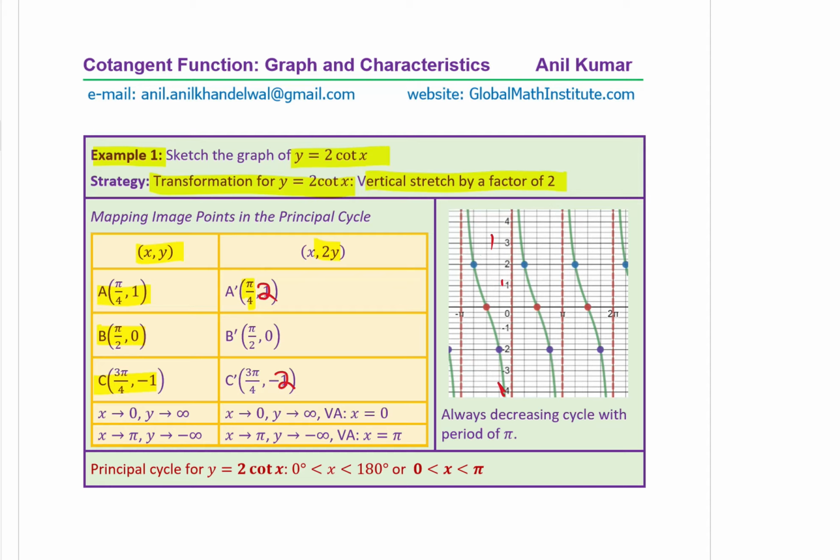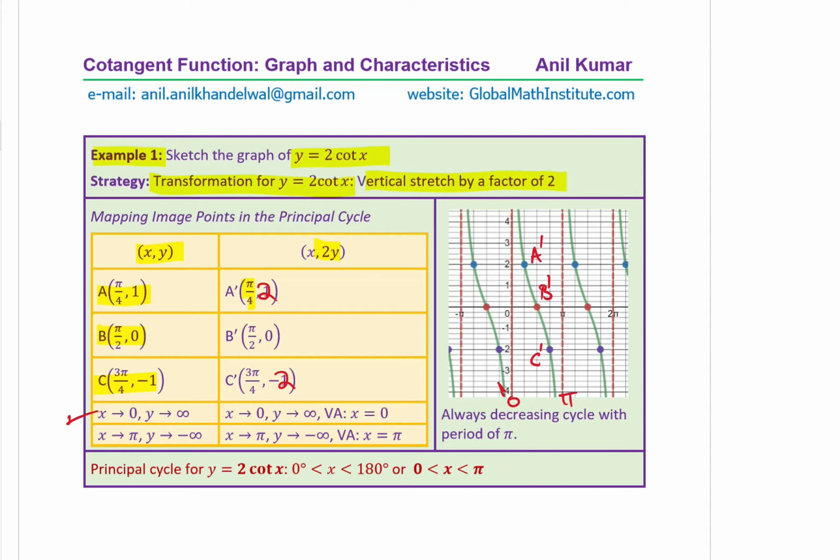Well, the principal cycle is shown here between 0 to pi. So that is 0 and this is pi. That is A dash, this is B dash, and C dash. So you can mark these points, right? And then we have vertical asymptotes at 0 and at pi, since as x approaches 0, the y approaches infinitely large.